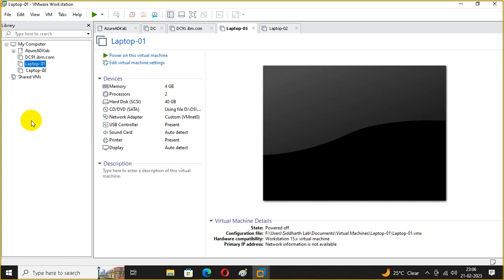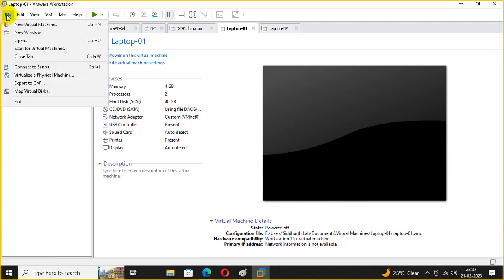VMware Workstation is for lab testing, learning and education. It is available on the open internet. VMware version 15 you can easily download, install on your system, and prepare for your practice.